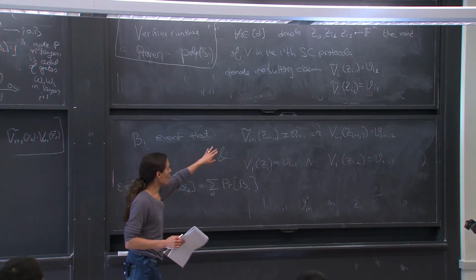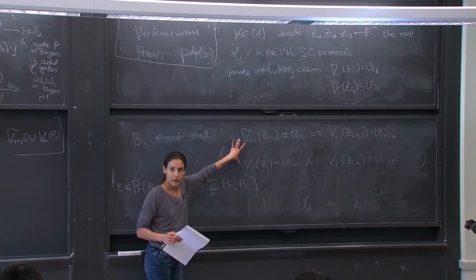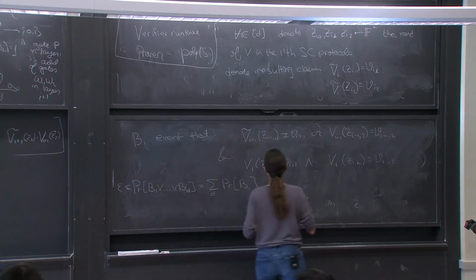Now, what does bad mean? Let's look at the probability of B_i. There are two types of bad.